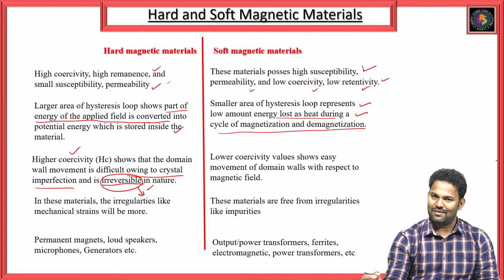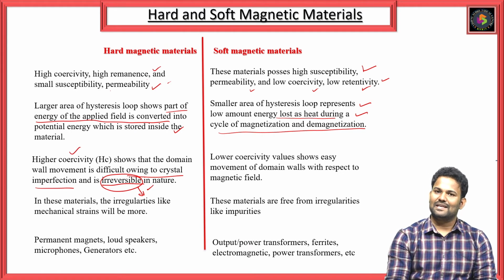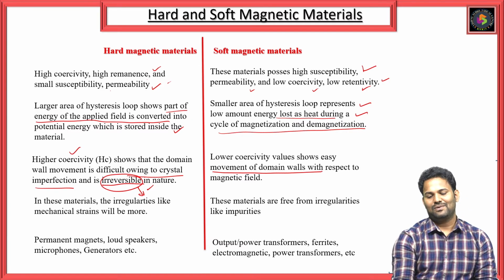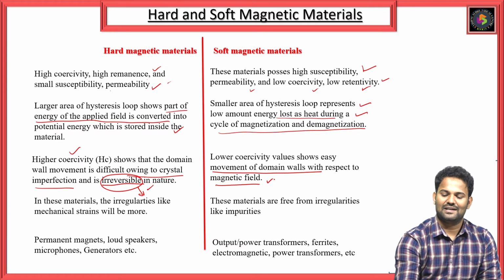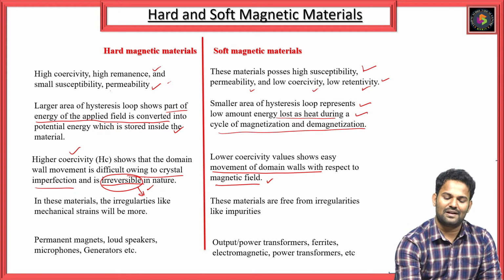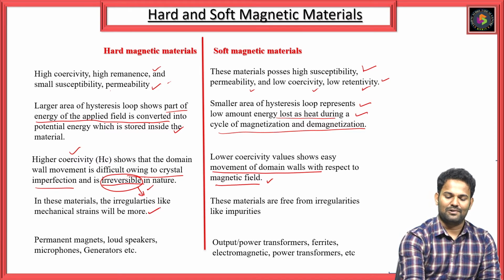In the soft magnetic material, the coercivity value is low. We can easily see the movement of domain walls with respect to the magnetic field, and this is also reversible in nature.